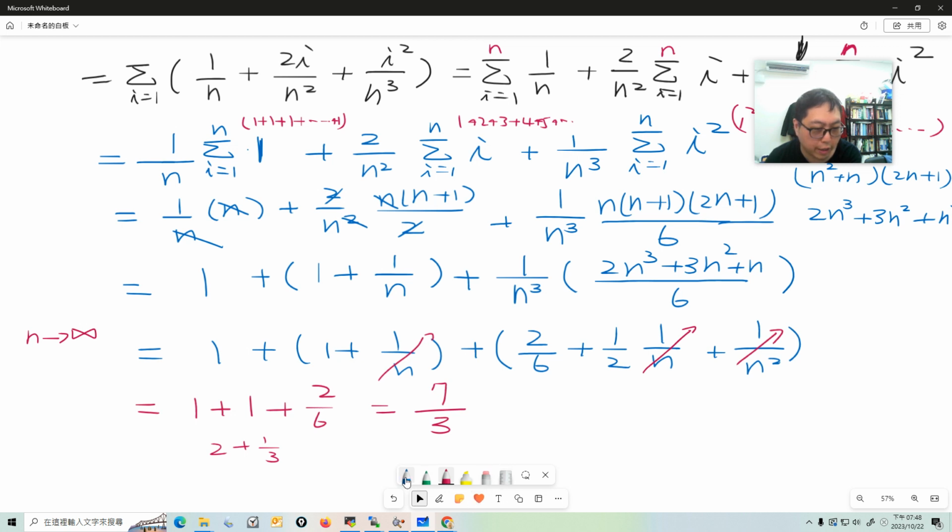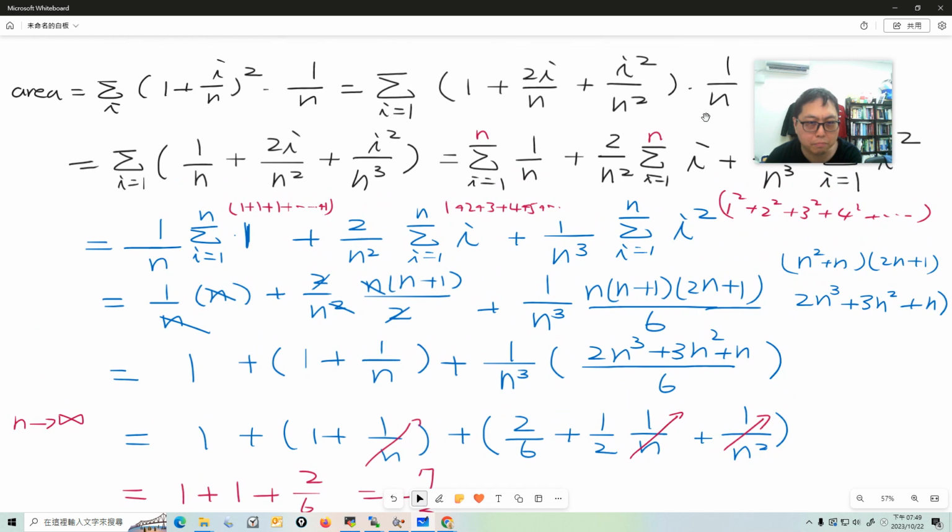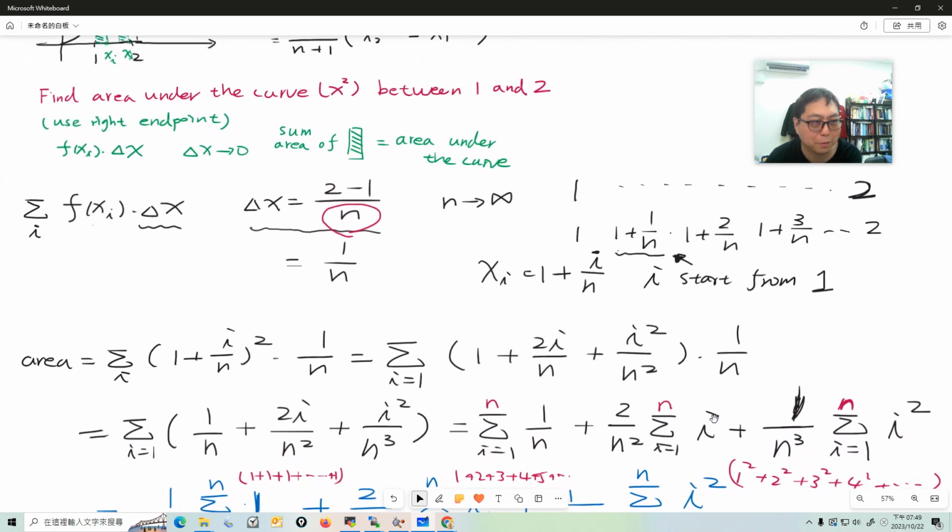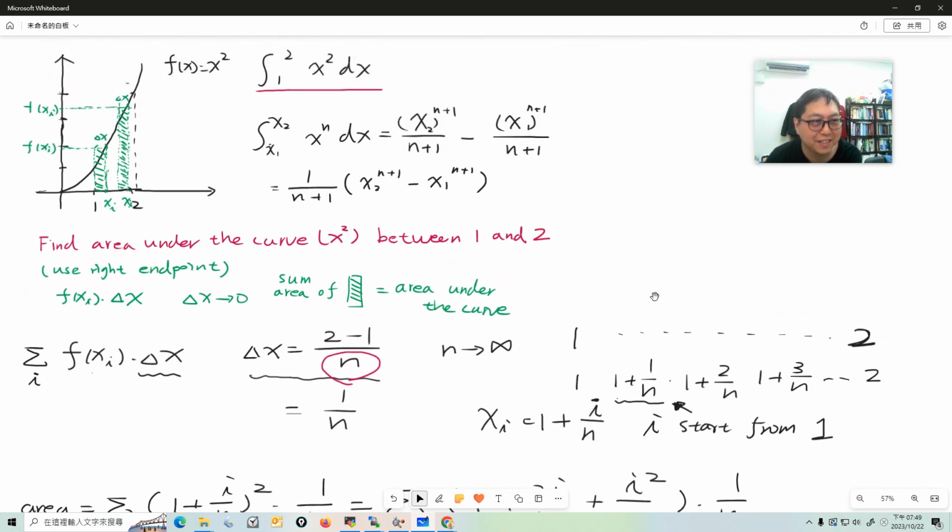That's our answer by using a very fundamental definition of integration. So it's 7 over 3. Let's check if we use the integration rule, is the answer the same? I'm not sure, I'm doing the calculation.